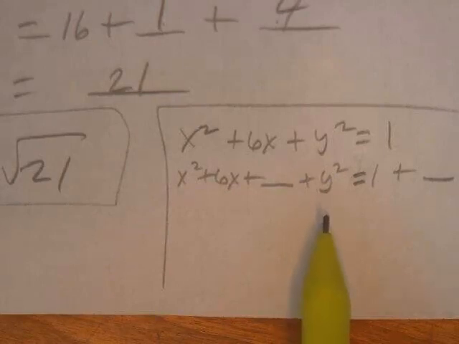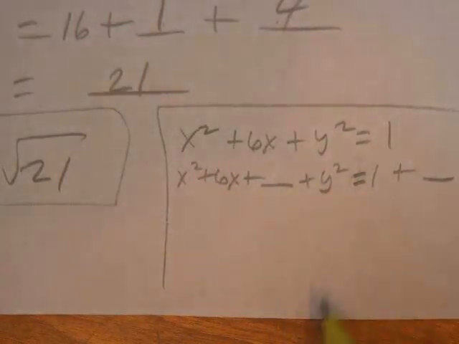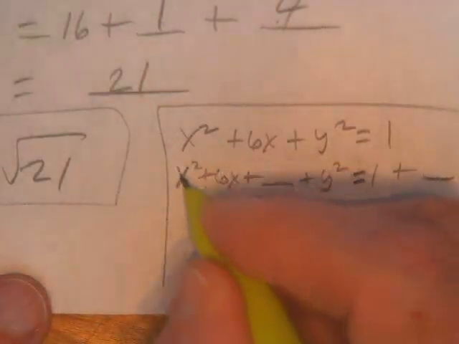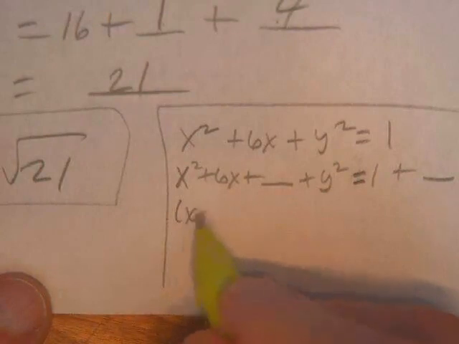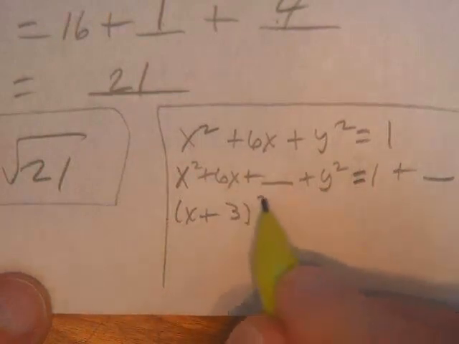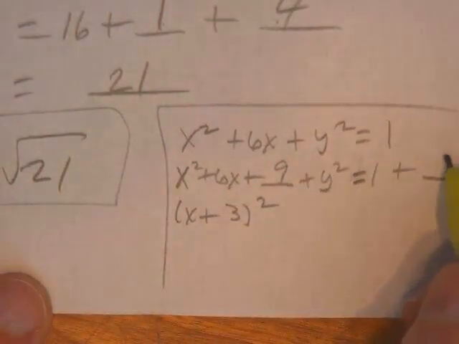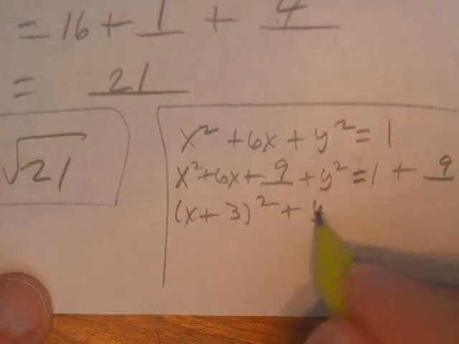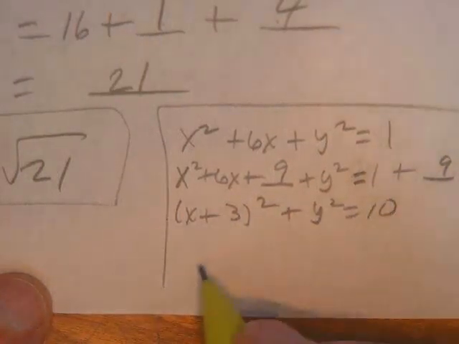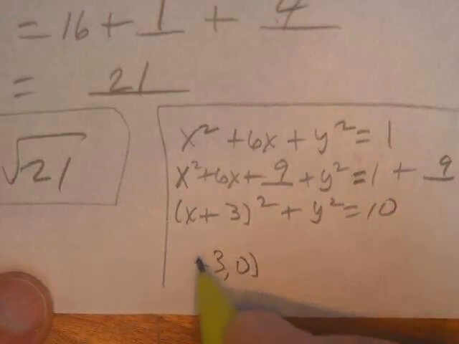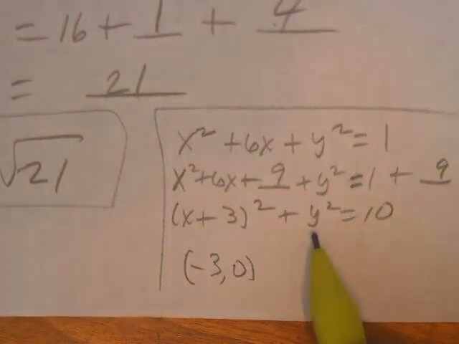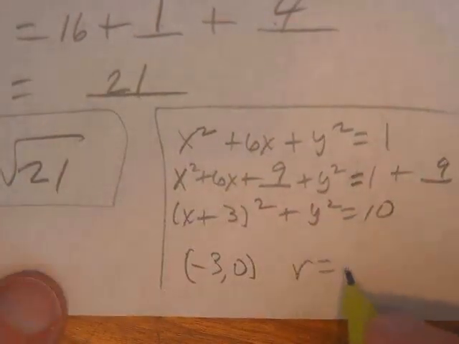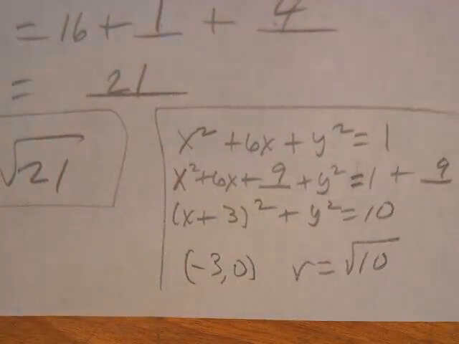The y value of the center will be 0. So this thing's on the x-axis, but you can have the center of a circle on the x-axis, no problem. Here I've got (x plus half of 6, which is 3) squared, 3 squared is 9, plus y squared equals 10. And the center is (negative 3, 0). This one didn't have one, so you didn't have to do as much. And the radius is the square root of 10.